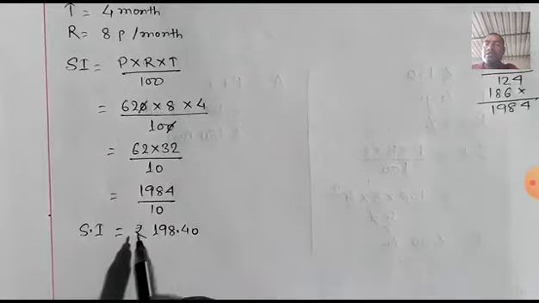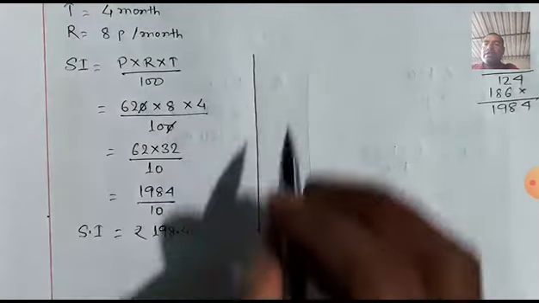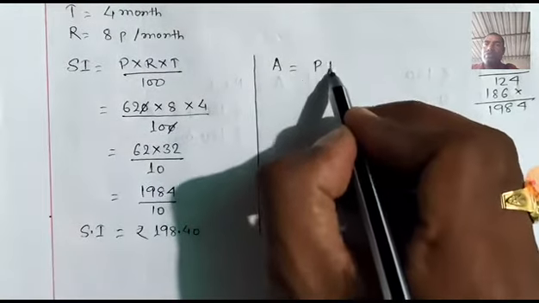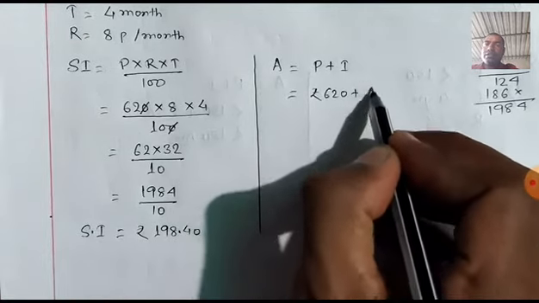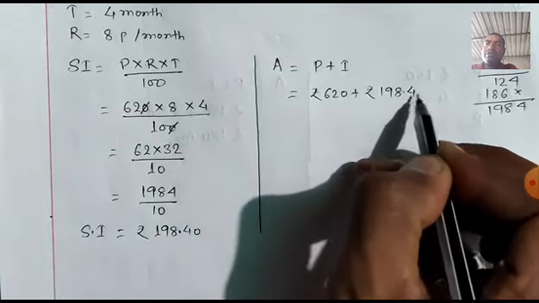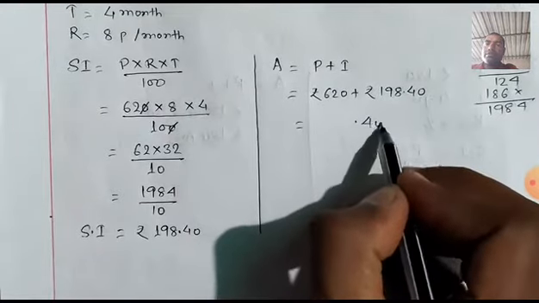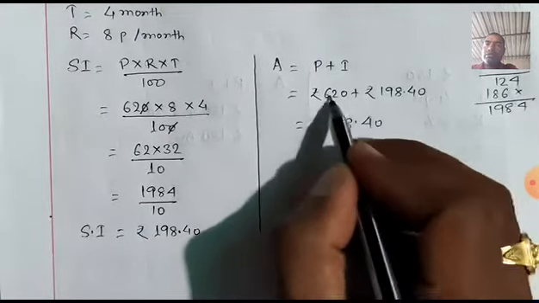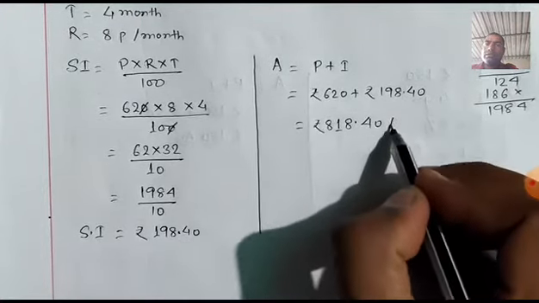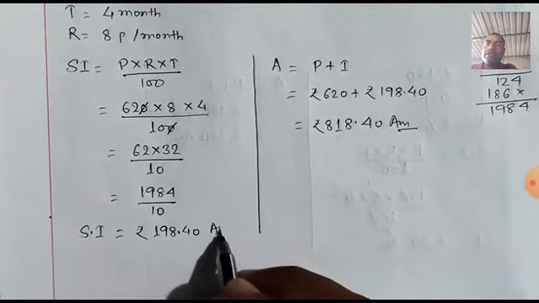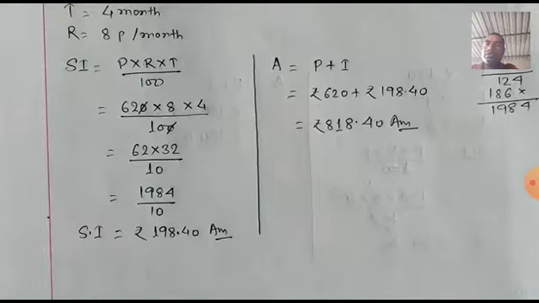So this is your SI, 198.40. Then amount is equal to P plus I. P is 620 and I is 198.40. Do the calculation. So this is your answer, 818.40. Got it now? Now I think you understood the first 3 questions in the first one. The remaining you can do as practice.